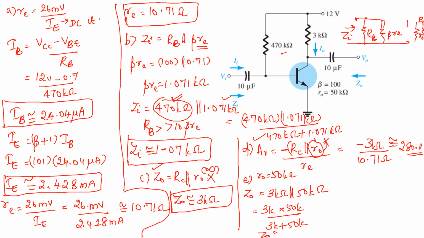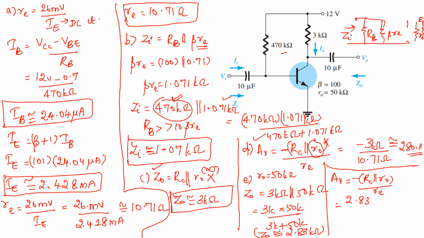So you will be getting Z0 approximately equal to 2.83 kilo ohm. Now what is your AV? AV will be equal to, again, minus RC parallel to R0 divided by re. You have already found RC parallel to R0, so 2.83 kilo ohm divided by 10.71 ohm.